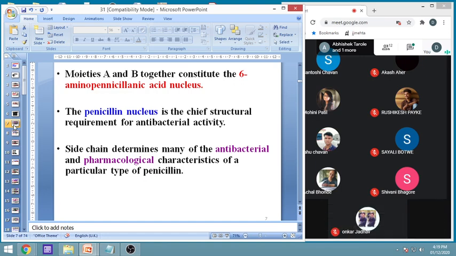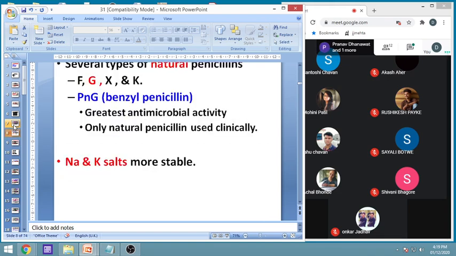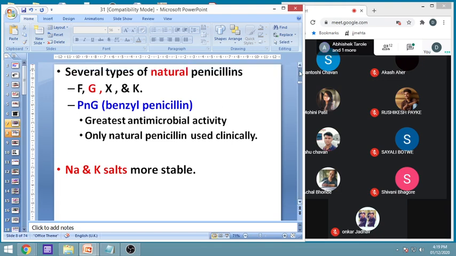So this penicillin nucleus is the chief structural requirement for the antibacterial activity, and the side chain determines various antibacterial and pharmacological characteristics of the particular type of penicillin. So this is how we have a variety of structures. We have a variety of natural penicillins: penicillin F, penicillin G, penicillin X, penicillin K. Penicillin G is benzyl penicillin.